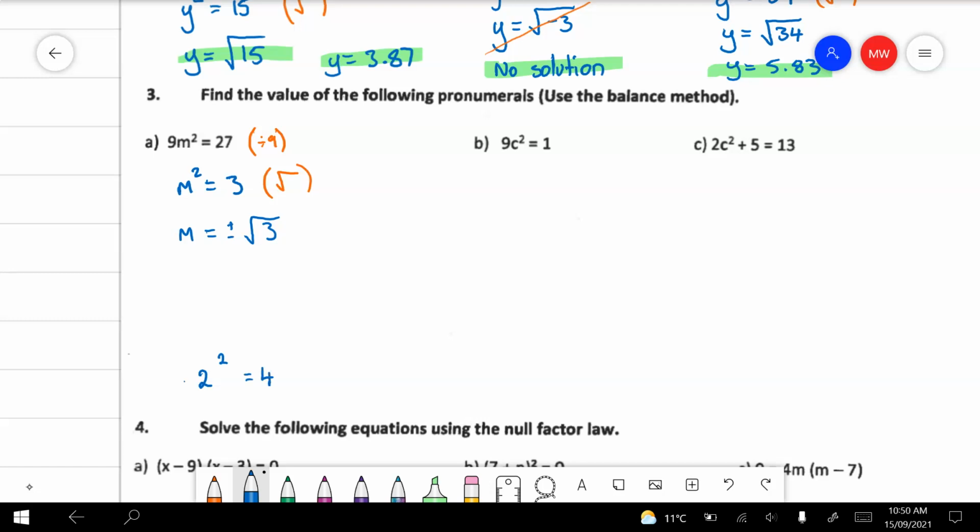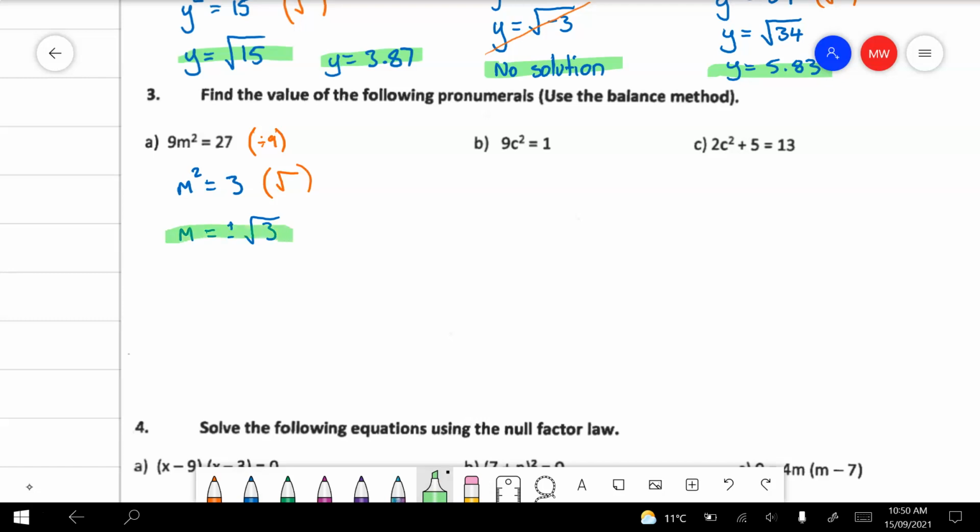But if we made that a negative number, minus 2 times minus 2 also gives us positive 4 as an answer. So when you're looking for m squared or x squared rather than a single m, then it could have 2 possible answers. It could be a positive or a negative answer. So give 2 answers, okay?